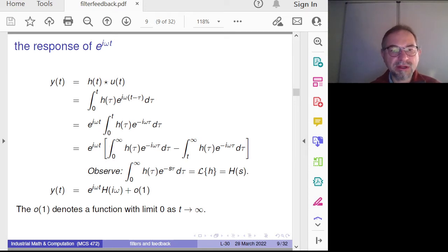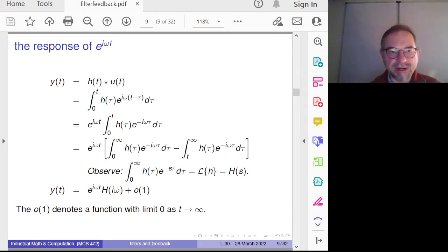And here you see that we succeed in getting the Laplace transform in there by replacing the t by infinity. So in some sense we take a limit. So we look at the long-term behavior of this filter. So then we can say that there is a portion that becomes smaller and smaller.